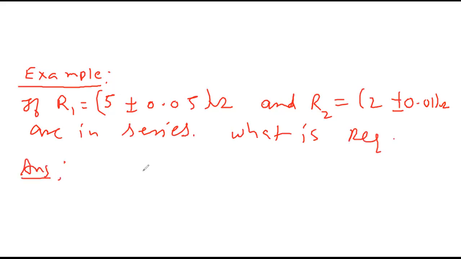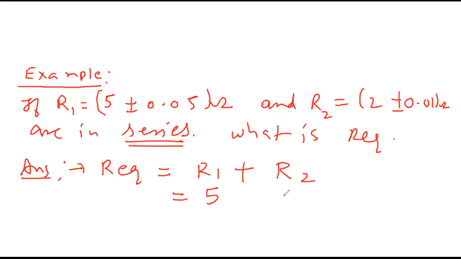From 10th standard, you all know when two resistors are in series, the result is the sum. I think everybody knows this. Two are in series, the result is the sum. That means R equivalent in series is R1 plus R2. So the first operation is simple addition, 5 plus 2, 7.